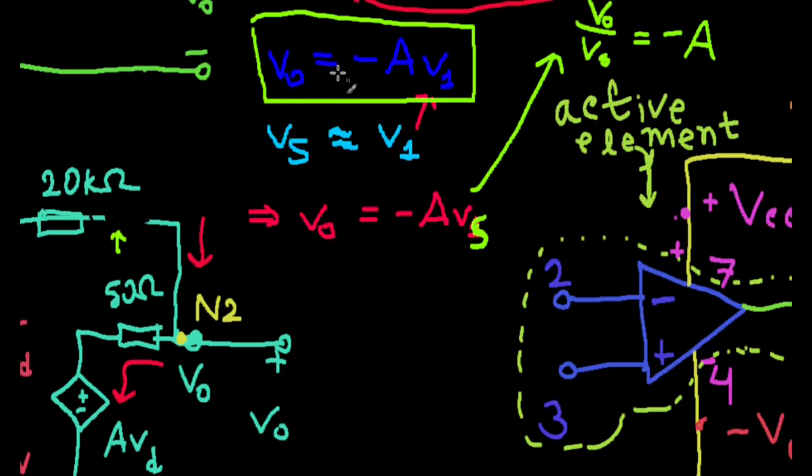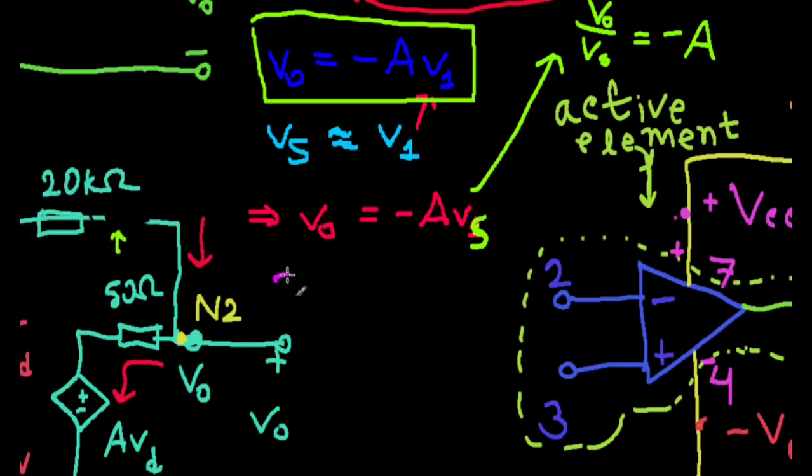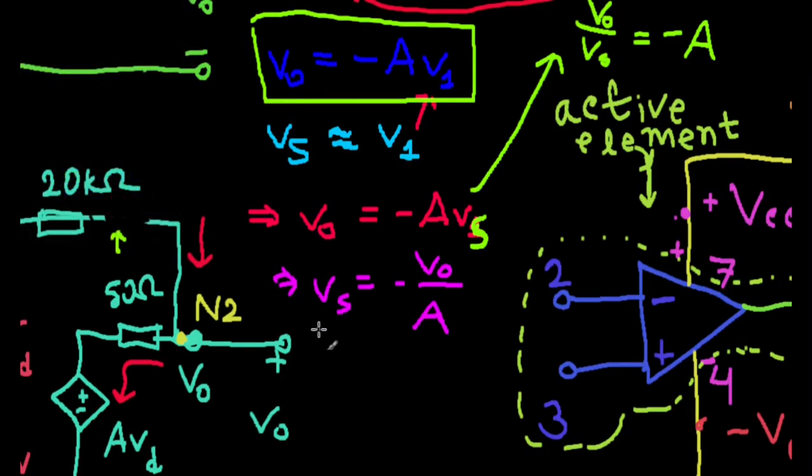There are some issues. As I said, this is under the assumption we're in the linear region. If I just rearrange this equation a bit, what we get is Vs is equal to negative V naught by A. Now I want you to consider what the typical values for this are, for the op amps that we are going to be working with.